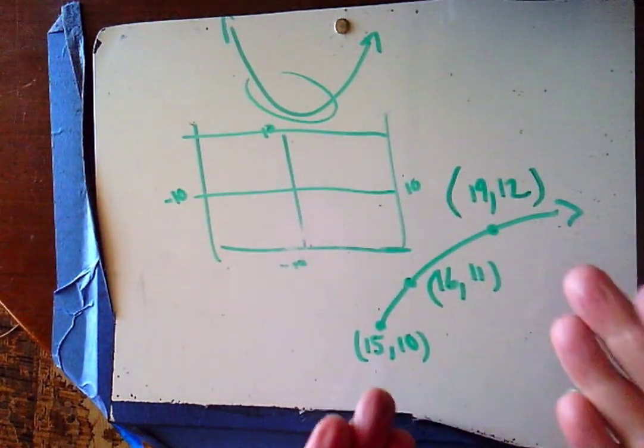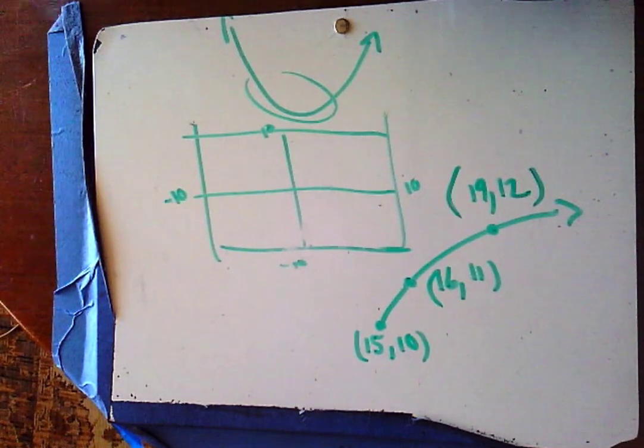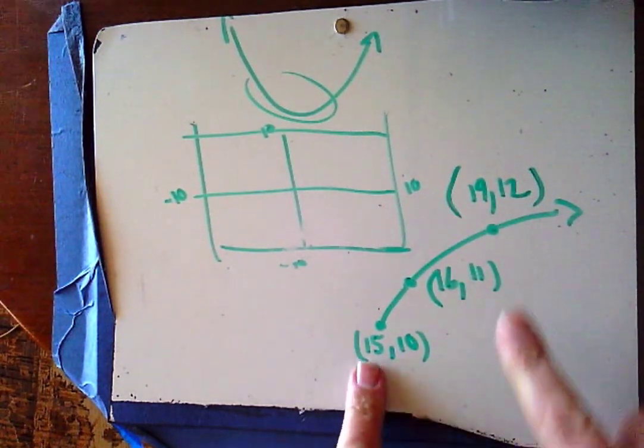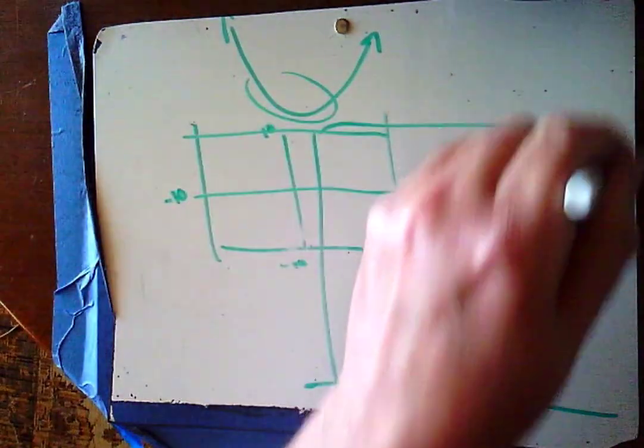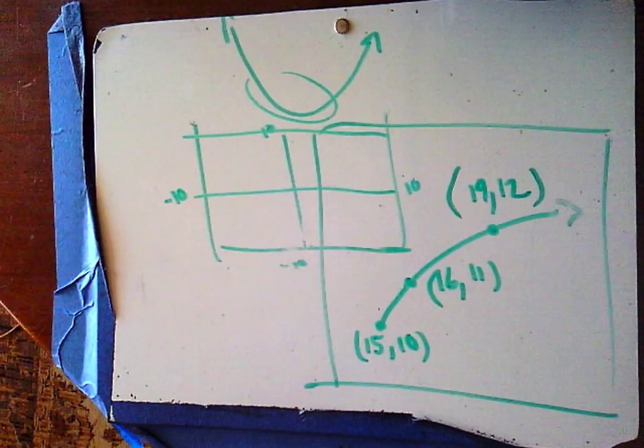I'm not going to be able to see this graph on my standard viewing window, which means I'm going to need to go to window and put in some parameters, right? I'm going to need to say, hey, let's build a viewing window where I can see this.